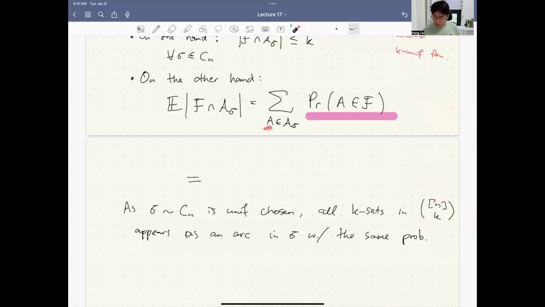So for every element A in A sigma, the probability that A lies in F is purely the relative measure of F, which is the size of F over n choose k. That's true for every A. Now use linearity of expectation, you sum them up. How many arcs? There are n arcs. So n times this. Here we use linearity of expectation.